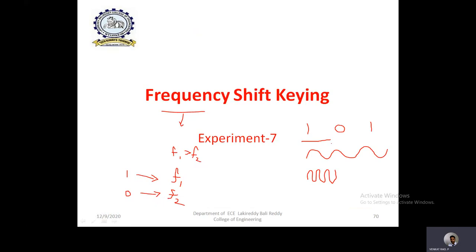Similarly, whenever the input is binary 0, during this period it will produce the carrier with low frequency, that is F2, so the number of cycles is less compared to F1. Whenever binary 1 comes again, it will produce the carrier with high frequency F1 again, so we observe more cycles again. This is the FSK signal.